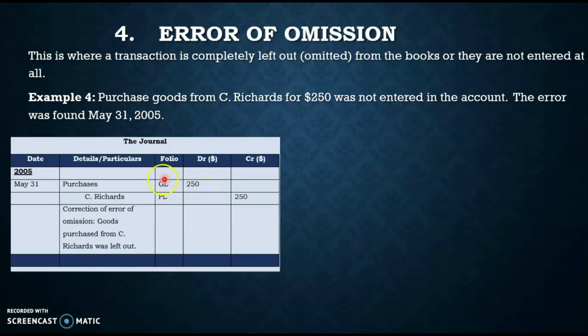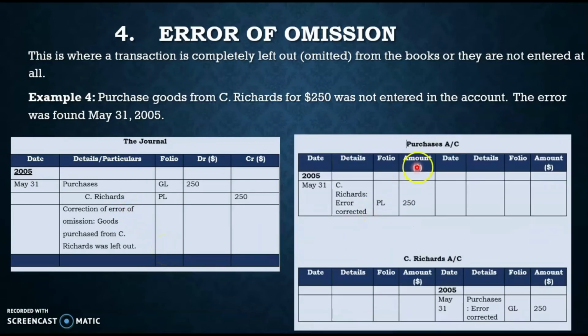Purchases can be found in the general ledger, and then we're going to credit, as we know, we indent, credit C. Richards, which should be in the purchases ledger, with the $250. Correction of error of omission, goods purchased from C. Richards was left out. So we're just telling persons or whomever is looking on what took place. So this error is error of omission. The entry was never made in any other books, or it was omitted from the ledgers, and so we have to make that correction.